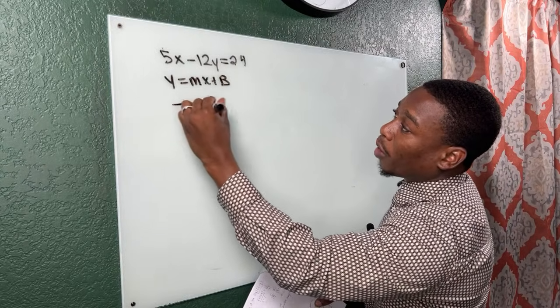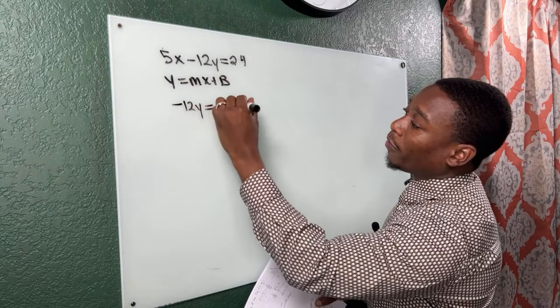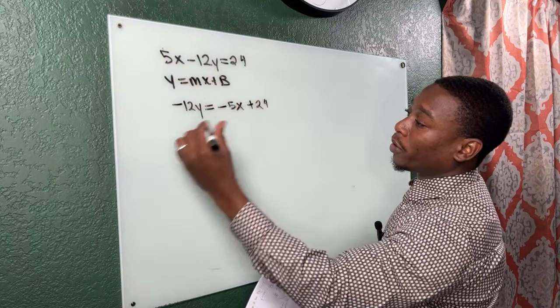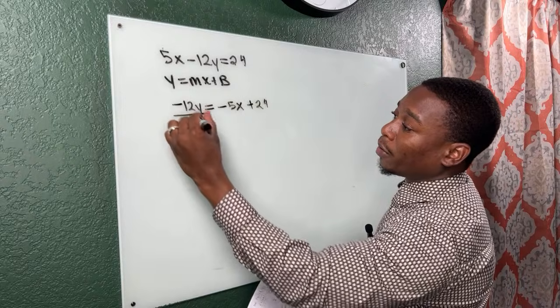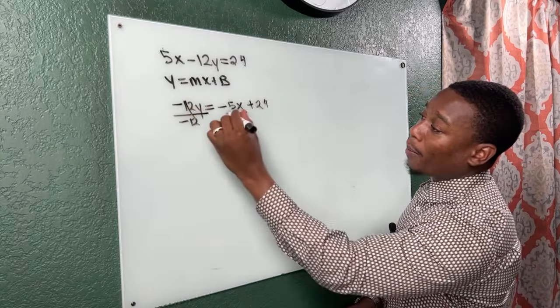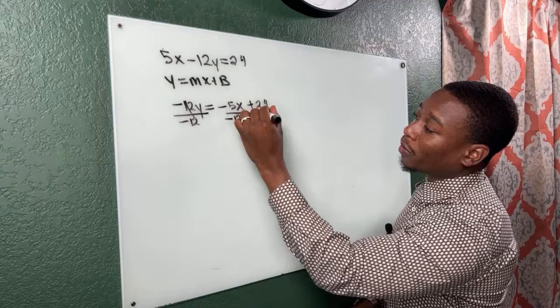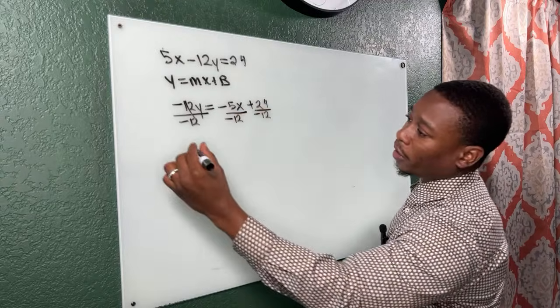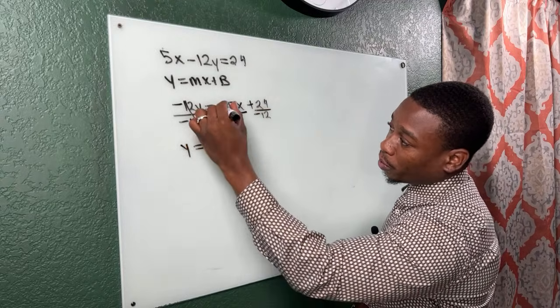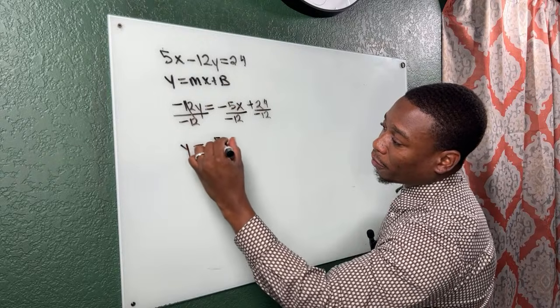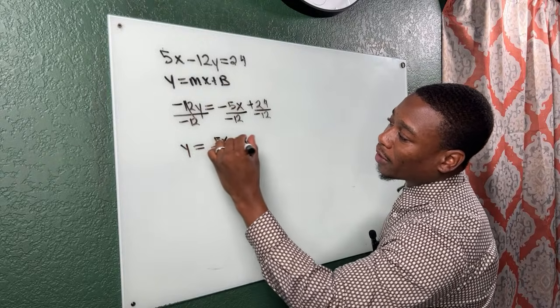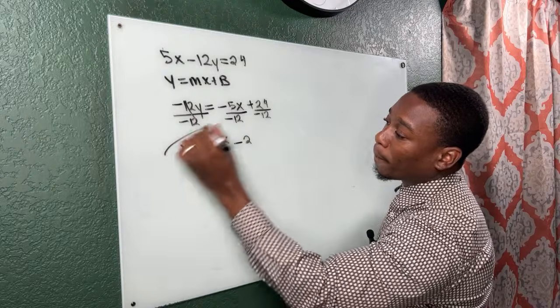So negative 12y is equal to negative 5x plus 24. Now I divide by negative 12 to get y by itself. And I do the same thing with everything else. Just don't forget your negative. y is equal to positive 5 over 12x minus 2.